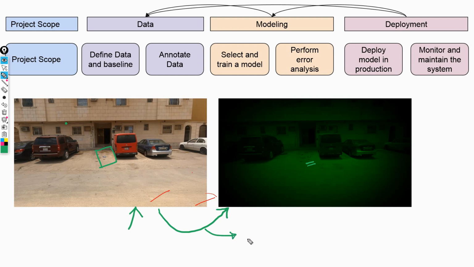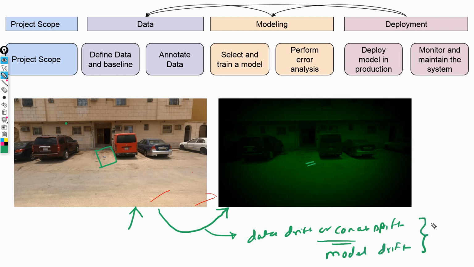This we call data drift or concept drift. And there is something called model drift as well. All of this becomes a part of monitoring and maintenance of the system. We'll look into these examples in more detail in upcoming lectures.